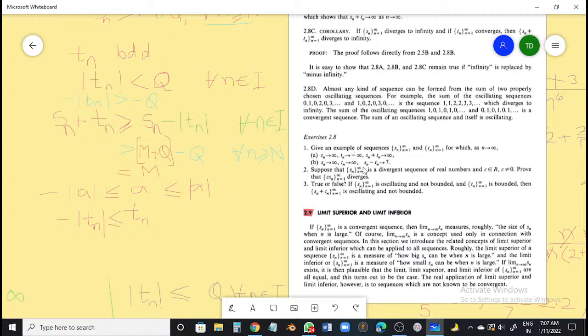Sn diverges to infinity, Tn is diverging to minus infinity, and they are asking you to give example of Sn plus Tn diverging to infinity. So can you give an example?